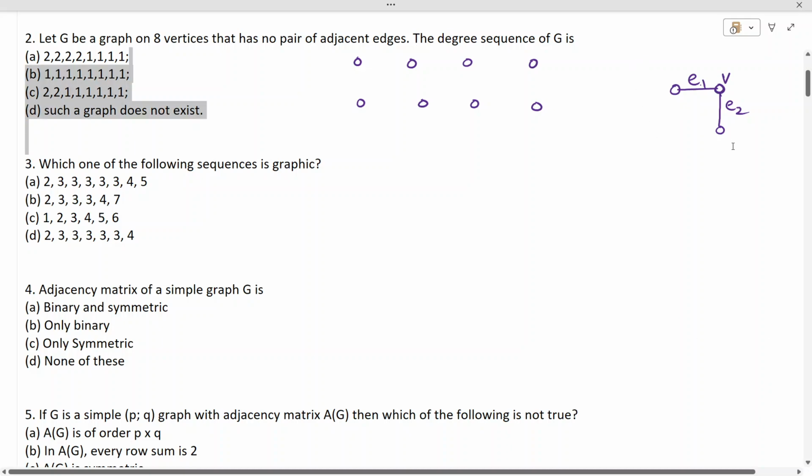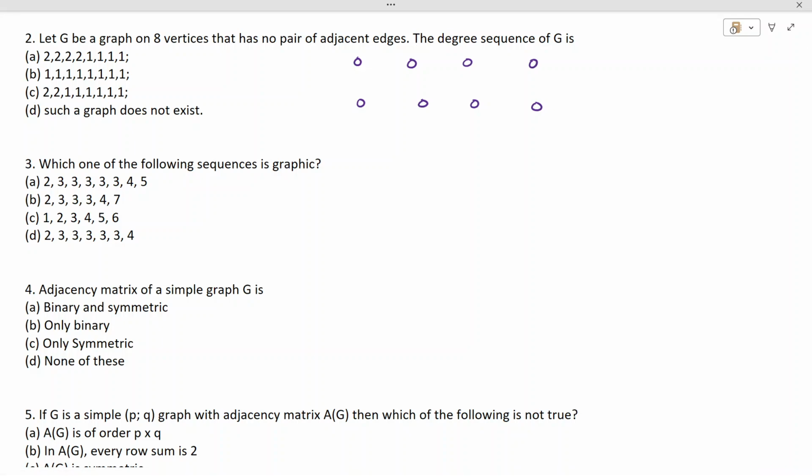But we are given that G is a graph with no common vertex between edges, so no two edges are adjacent. Let us draw a graph on 8 vertices where no two edges are adjacent. That means there is no vertex of degree 2.